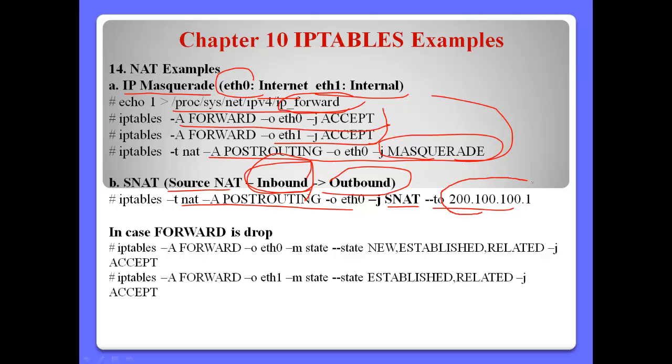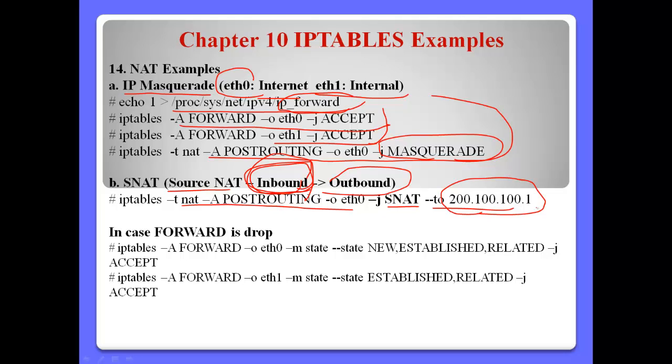So here, the 200.100.100.100 public IP address is used for internet access, but the inbound network can be a private IP address.